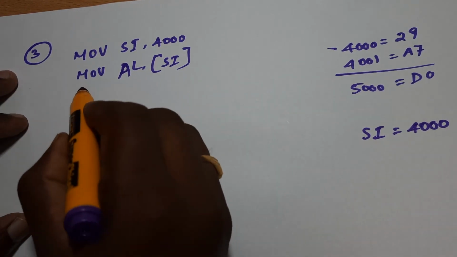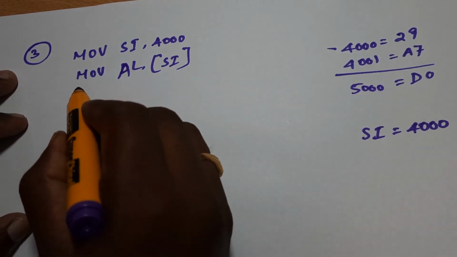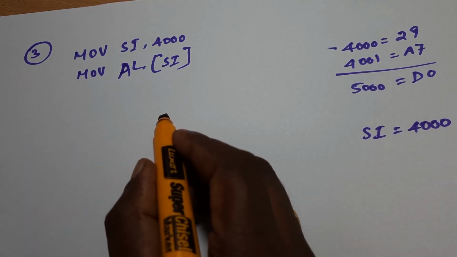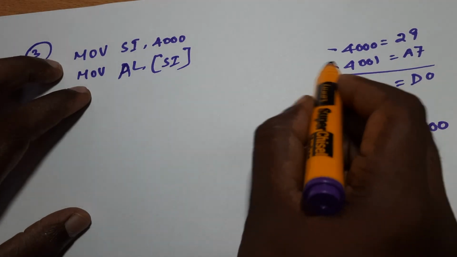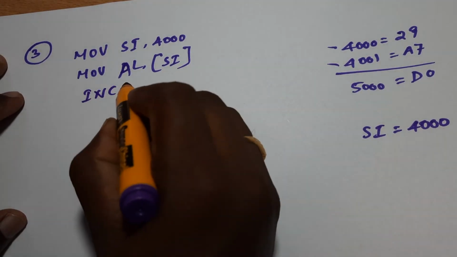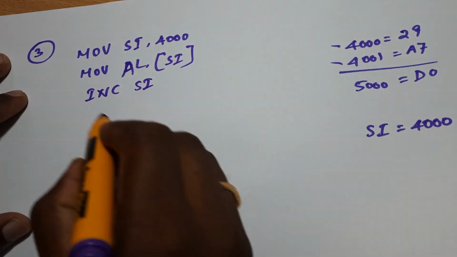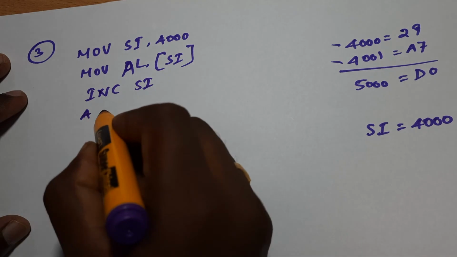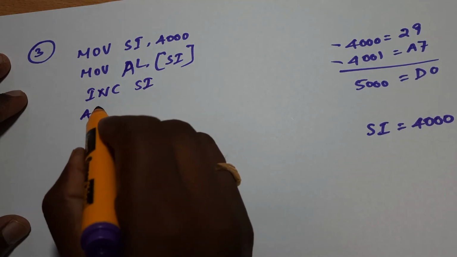Right, and directly next we need to go to the next memory location, which means the next consecutive memory location is where I have my next data. For that I can just use INC SI, and then directly add. So compared to method 2 and method 1, I reduced one instruction.